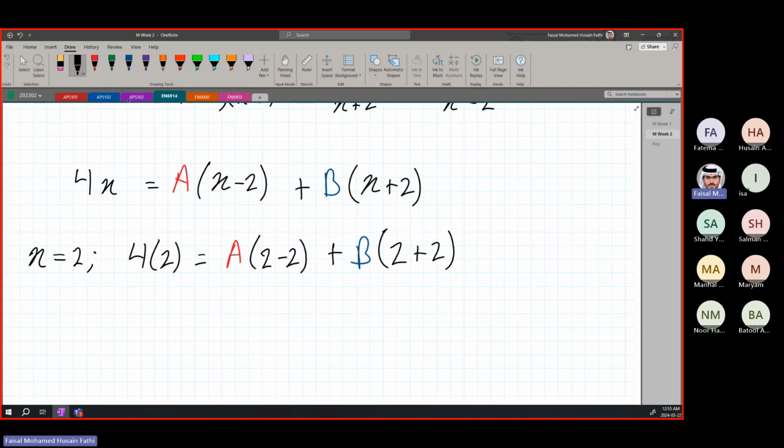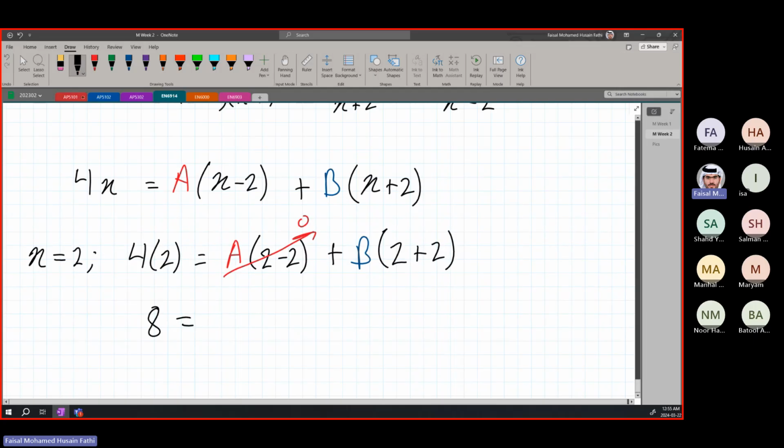Okay? If you notice here, a will cancel out. 2 minus 2 is equal to 0. So 8 is equal to b times 4. If you simplify this, b is equal to 8 divided by 4, which is just 2. b is equal to 2.